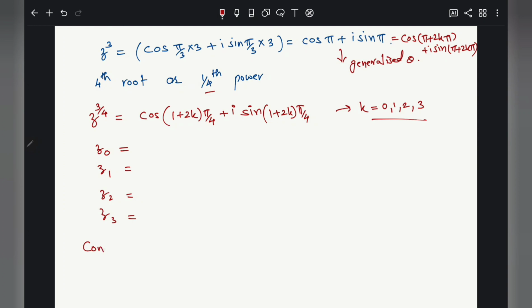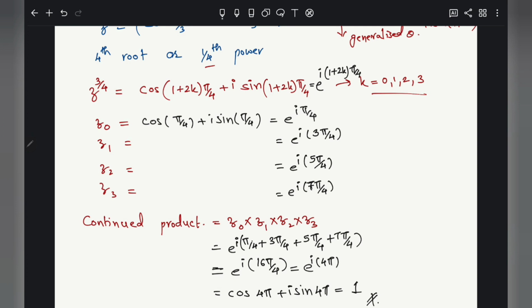And what is continued product? As I showed you in the previous problem, continued product means z0 into z1 into z2 into z3. See here I have completed it quickly. As I said, when you have to find continued product, it is better to consider the exponential form, and you can just consider all the values for k0, k1, k2 and k3.